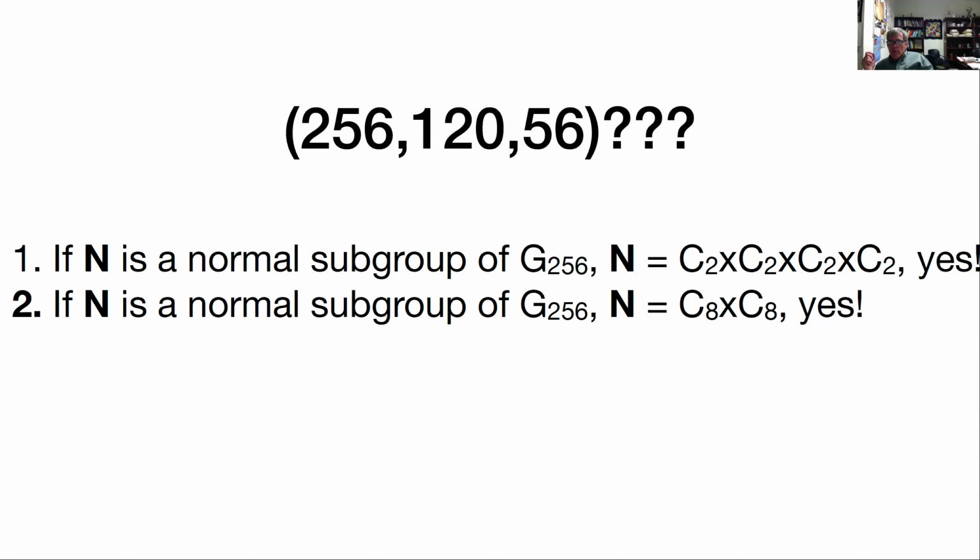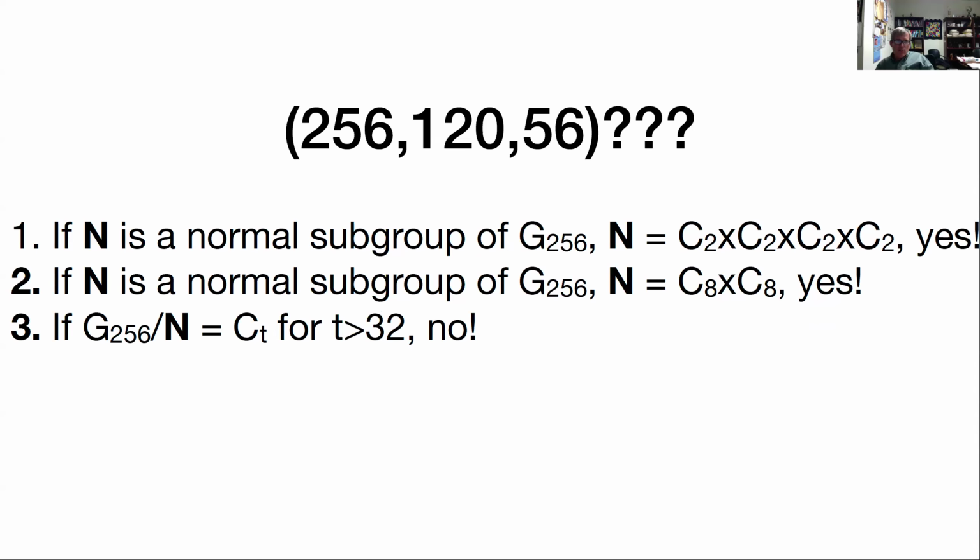Another result is bigger exponent. If you have a C8 by C8 normal subgroup, the answer is yes, and there was a construction that would work for things like that. We similarly had non-existence results.